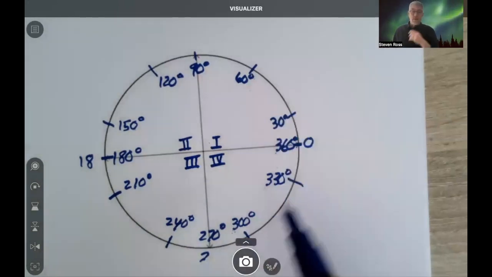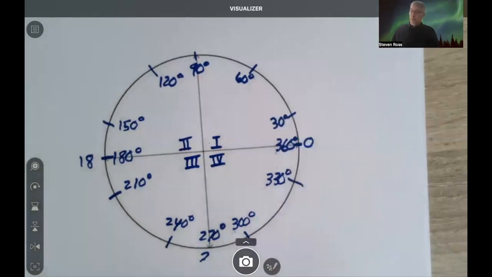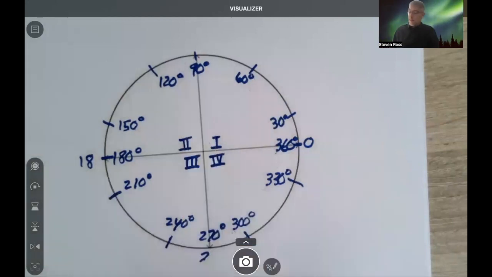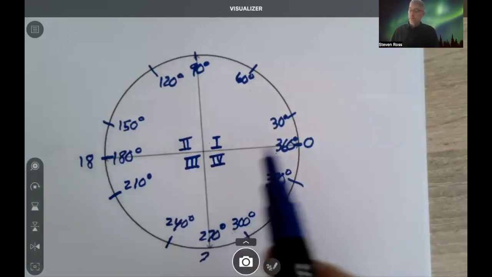The 90, the 180, the 270, and the 360 are called quadrantal angles because they are right on the dividing line of the quadrants.